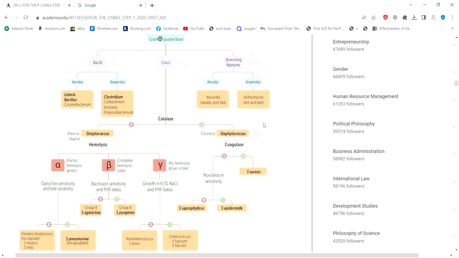epidermidis. Okay, now novobiocin is also an antibiotic. We see which one is novobiocin sensitive and which one is resistant. Staphylococcus epidermidis is sensitive to novobiocin, so novobiocin works on that, and for Staphylococcus saprophyticus, novobiocin does not work.